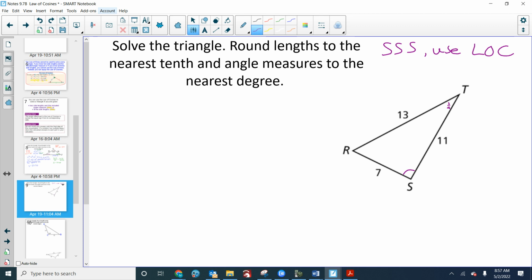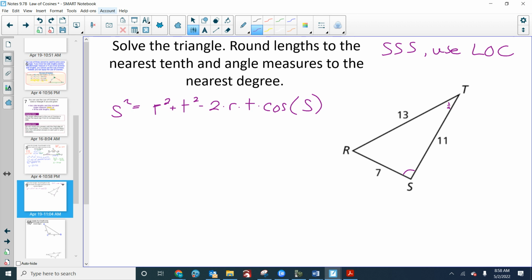Well, if that's our rule, then what letter goes over here all by itself squared? If we're finding angle S, what goes over here? Yeah, let's write it out with the letters first. So little s squared equals little r squared plus little t squared minus 2 times r times t times the cosine of angle S. I highly encourage you for this homework to just write out the formula generically with letters every time.